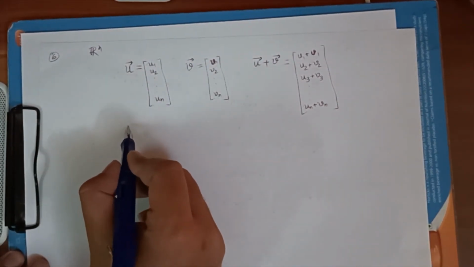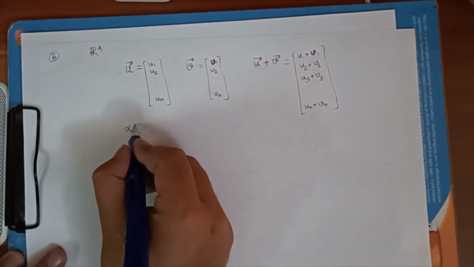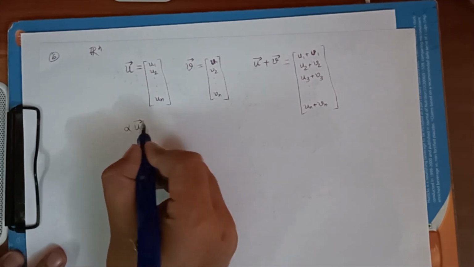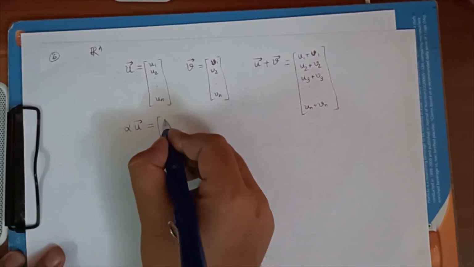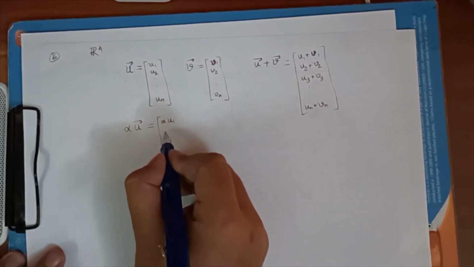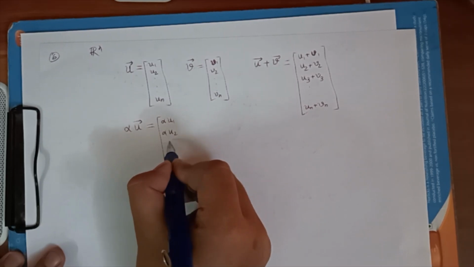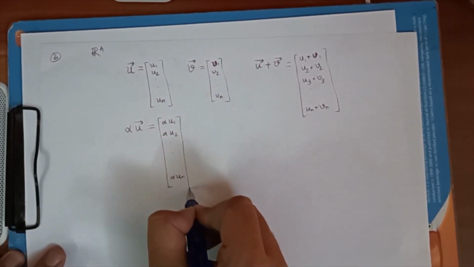We can do scalar multiplication of a vector in a similar way. Suppose you take a scalar alpha, some real number, and you multiply it with the vector. You can do this by multiplying alpha with every real number in the representation: alpha u1, alpha u2, up to alpha un. So this works perfectly well.